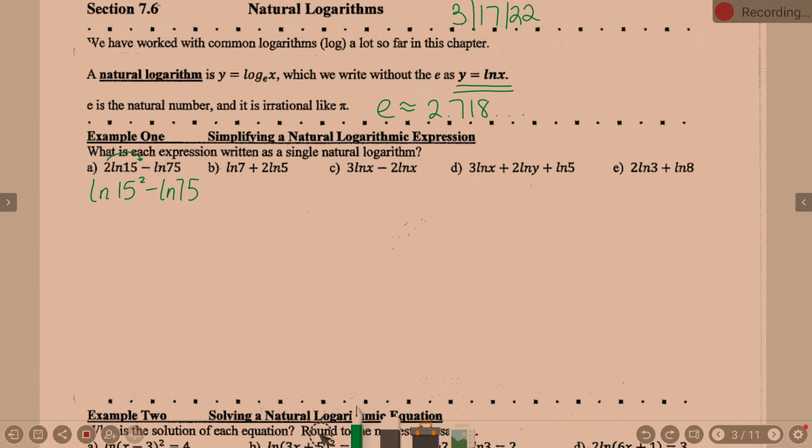Now, 2 logs being subtracted can be rewritten as 1 log where the insides are divided. So I'm going to rewrite this as 1 log where the insides are divided. What goes on top? 15 squared over 75. So it's always the first number over the second number.